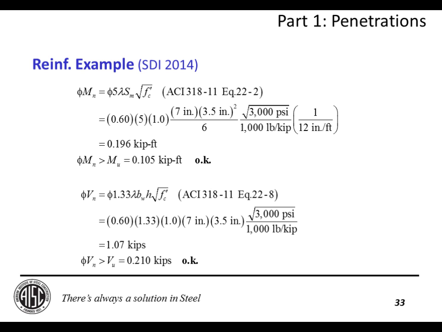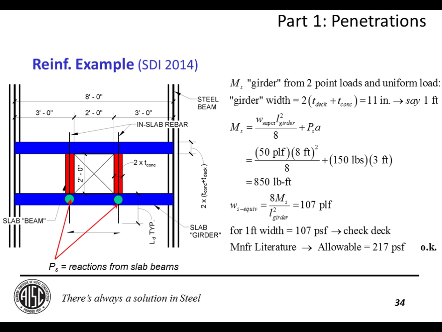So that's what I did in this case. You run through this fine equation from ACI. What you'll determine in this particular instance is indeed the plain concrete is adequate for the flexural and shear resistance, so you really don't need any reinforcing at all for this slab and opening layout.